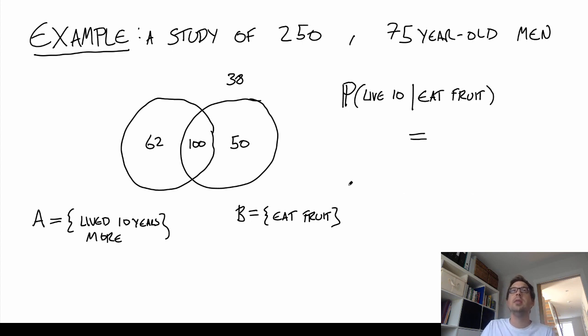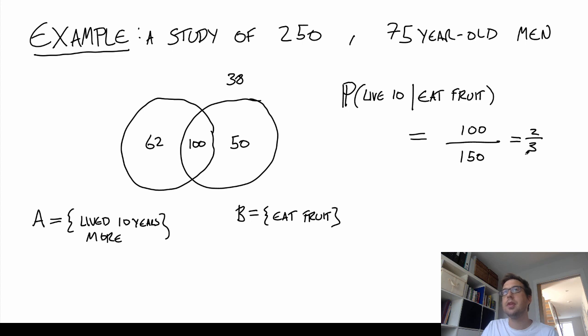We look at the total number of people that eat fruit, so in this case 150, and then look at the proportion of these that live 10 more years, which is 100. And then we get 2/3.